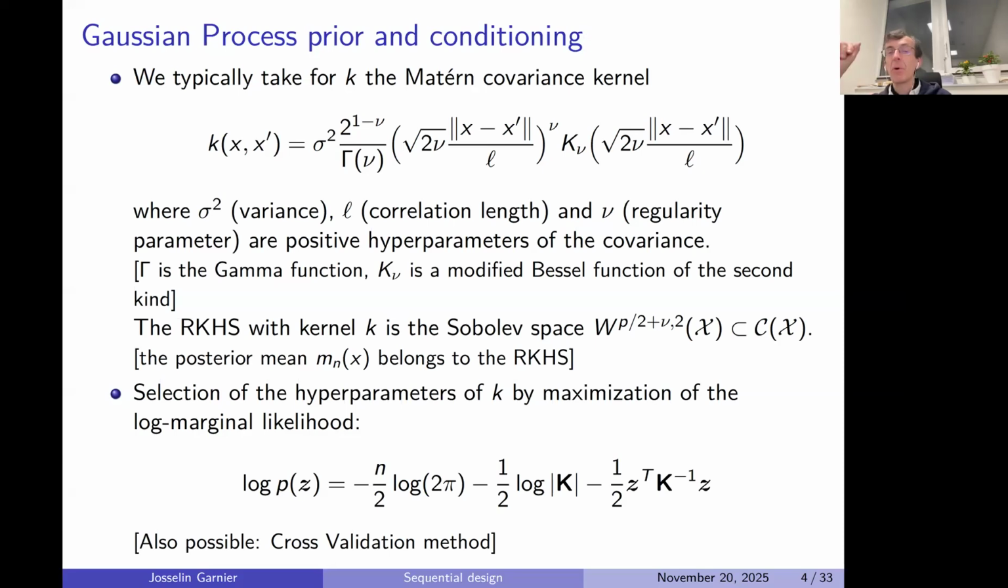Or you can use something more complicated, but there is no point. Here it mostly depends on the smoothness you anticipate about your true function f. If you think that your function f is very, very smooth, you could simplify that and take just a Gaussian, sigma squared exponential minus x minus x prime squared over L squared.